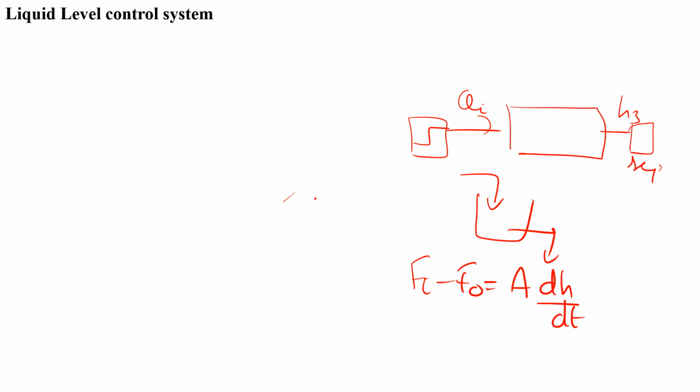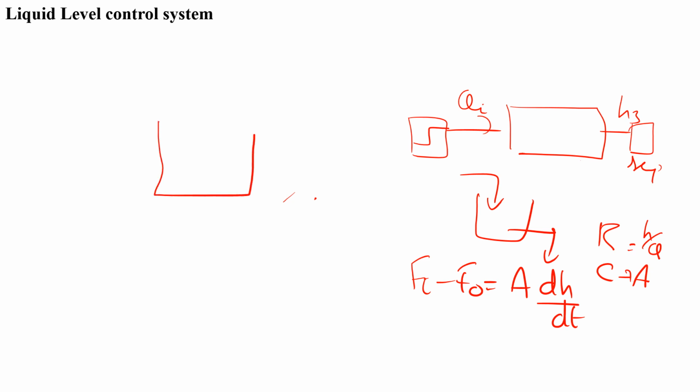To understand the dynamics, we need to know what R and C are. C is just the area of the tank. R is H by Q. This is the resistance. Based on this, we have derived the transfer function for a single tank, interacting tanks and non-interacting tanks. Compared to interacting and non-interacting, interacting is more sluggish because you have one more term, that is the interacting term. Okay. So with this, we'll make a liquid control system.